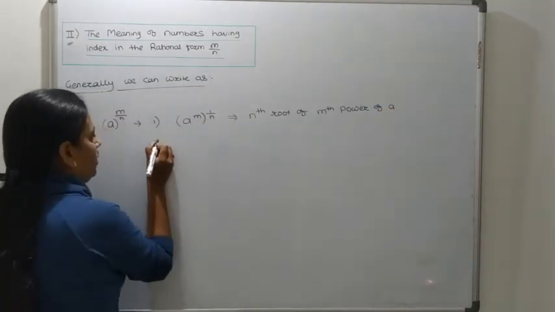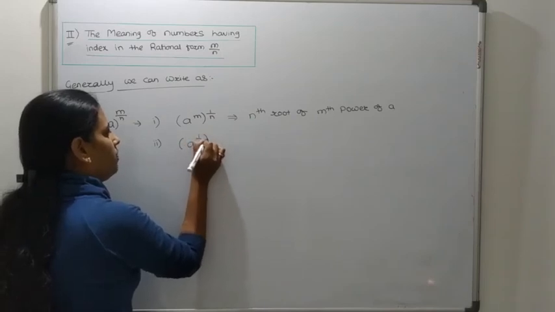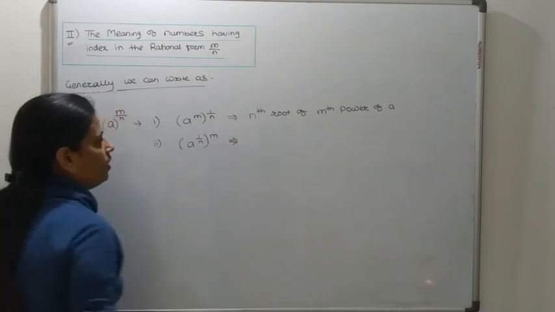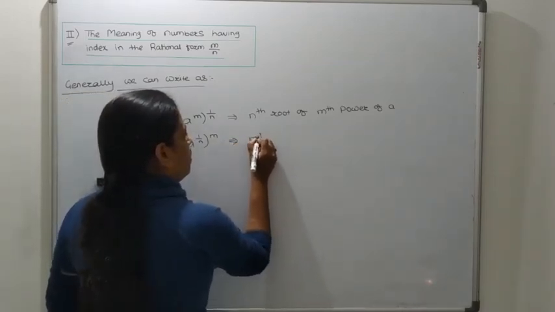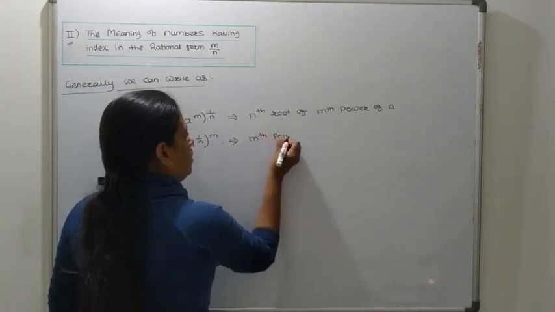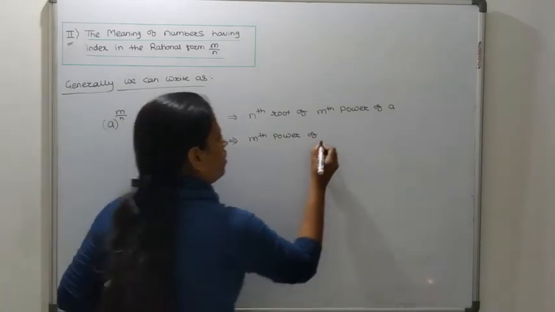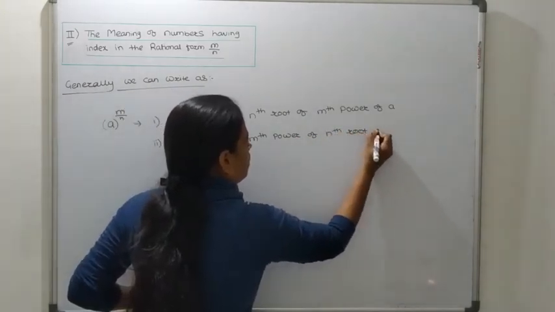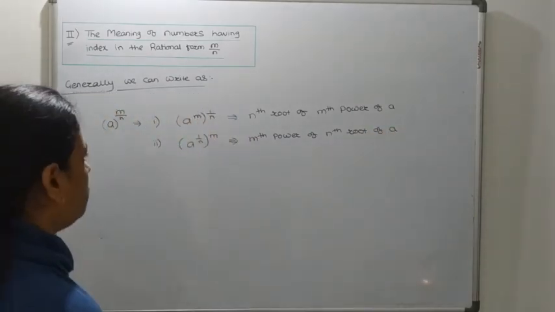Now second one, we write a raised to 1 upon n in bracket and m is out of the bracket. Then how to write this? That is the mth power of the nth root of a.